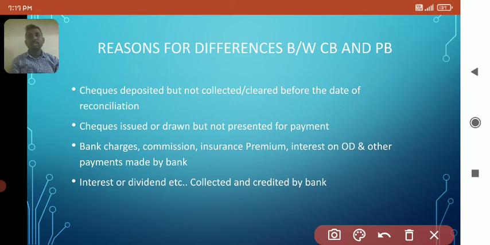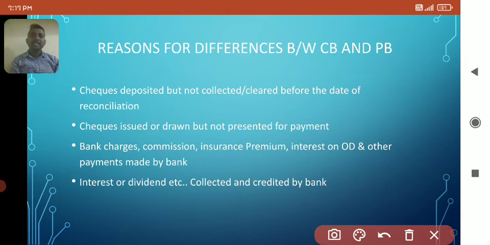We have entered the issue of the check in the cash book, but the check has not been paid, so the bank statement still shows the amount in the bank account. So there is a difference, and we have to prepare the bank reconciliation statement.